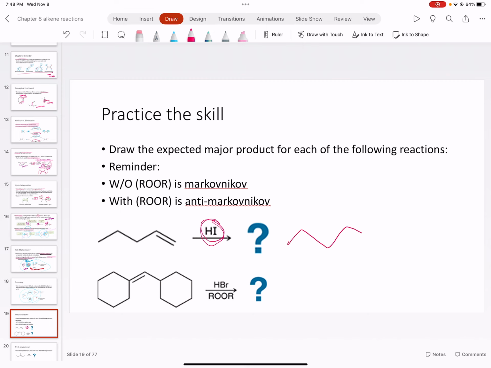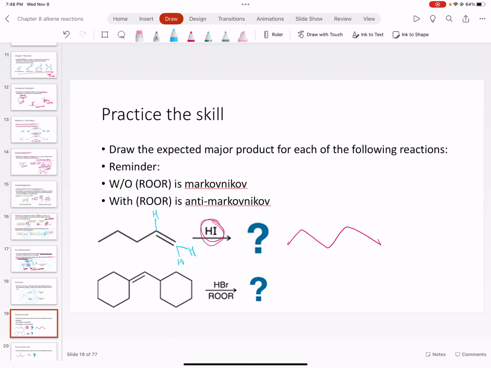Let's try to make it as neat as possible. If you want to see visually where the hydrogens are, in here I have one hydrogen, and in here I have two hydrogens.